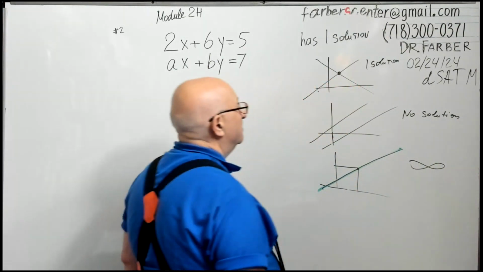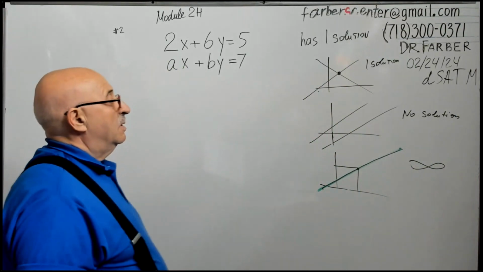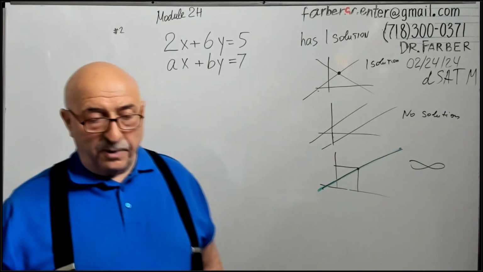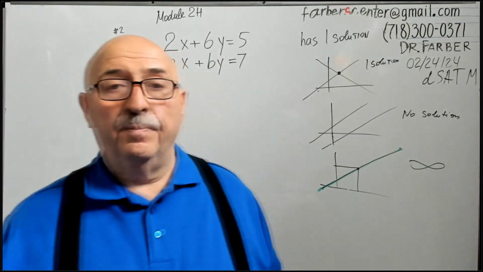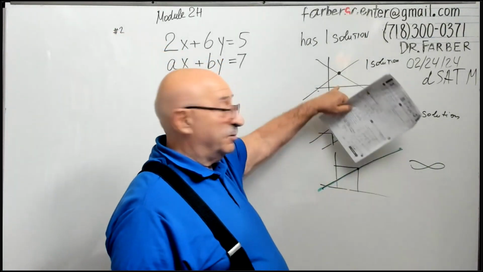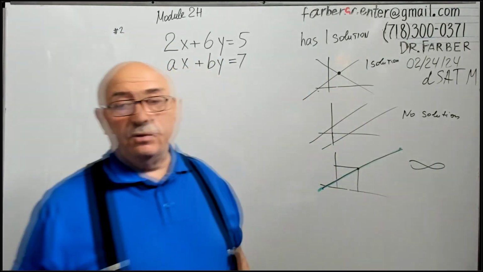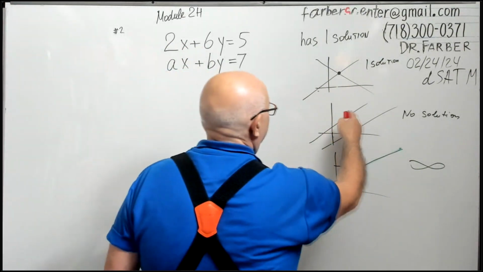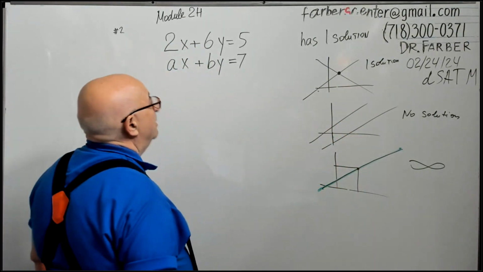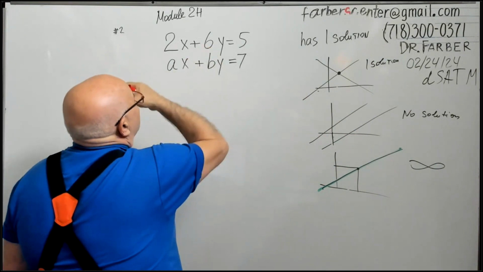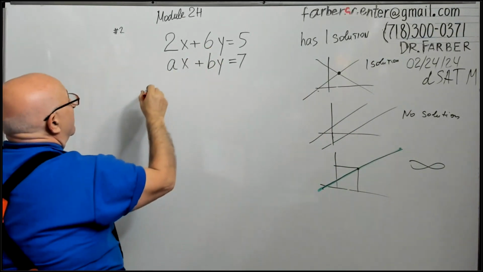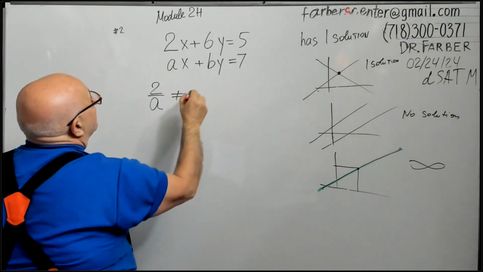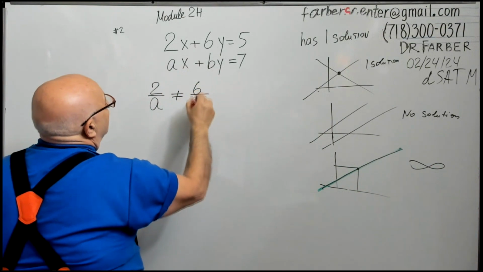Three cases. When they are parallel, their slopes are the same. Or their slopes are not the same. What does it mean not the same? This coefficient proportional, this coefficient not proportional. So what are we supposed to have here? 2 over a never equals 6 over b.